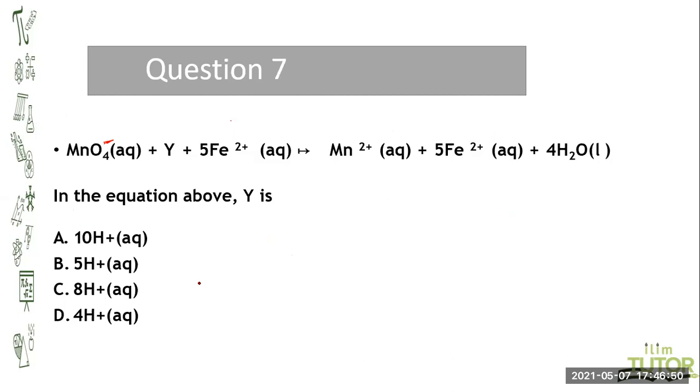Now, in the equation above, they are saying Y is what? For us to solve this question, we must have an idea of how to balance a redox equation, and I'm going to do that very quickly. How do we balance a redox equation? We can use the method which I call S-back.